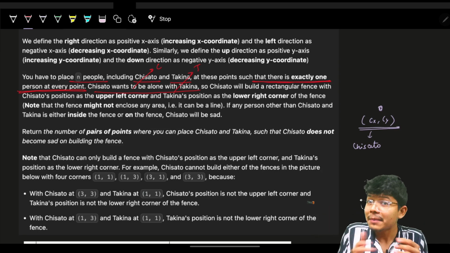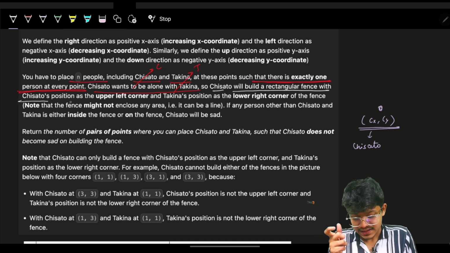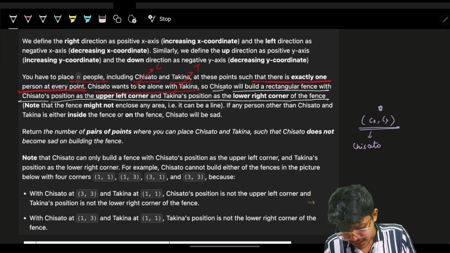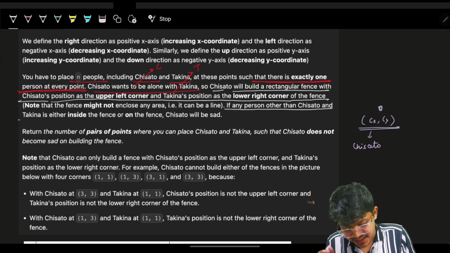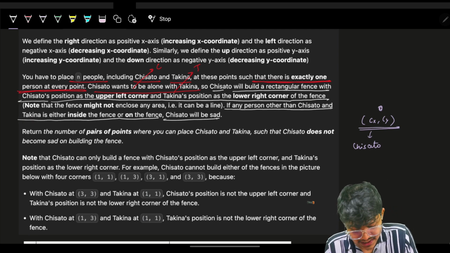What he means by being alone is that C will build a rectangular fence with C's position as the upper left corner and T's position as the lower right corner of the fence. If any person other than C and T is either inside or on the fence, then C will be sad.